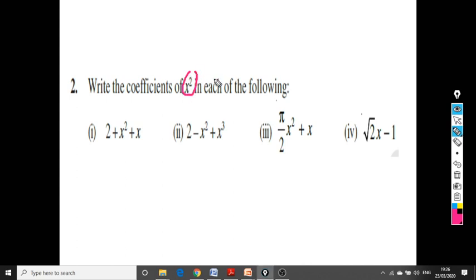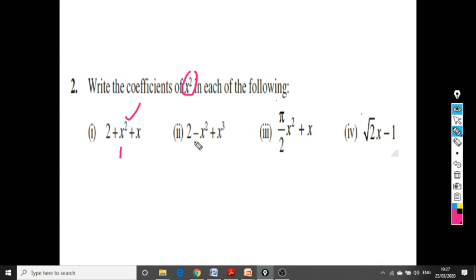That we have to check in each of these expressions. Let us check the first one. This is 2 plus x square plus x. In this case, the constant term associated with x square is 1. So the coefficient of x square is 1.